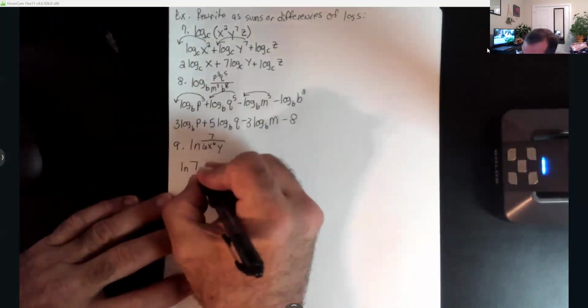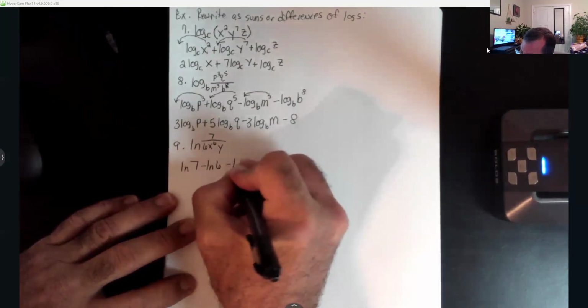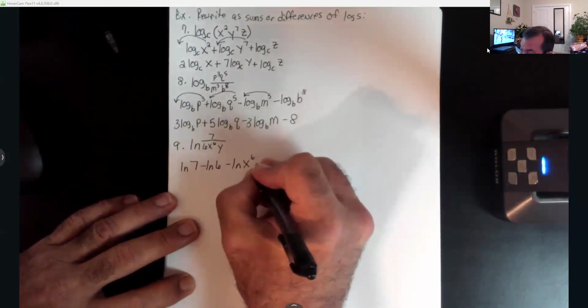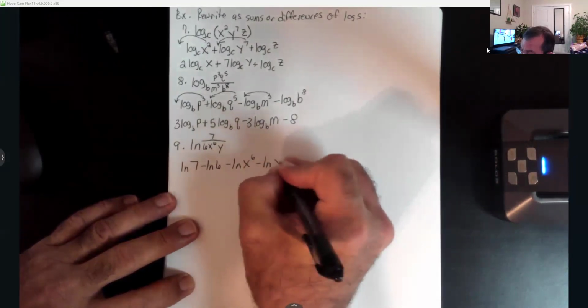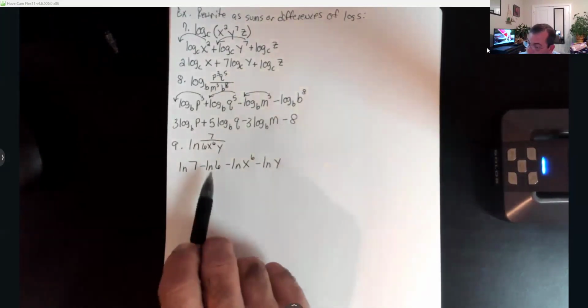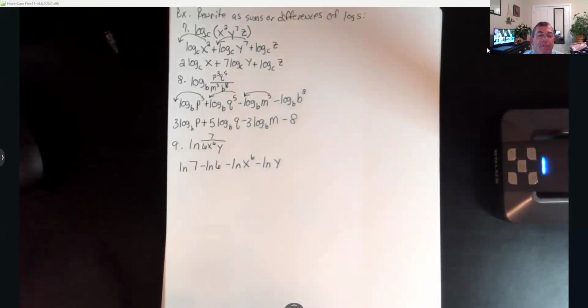So we would do minus ln of 6 minus ln of x to the 6, and then minus ln of my y. Okay, so treat the 6 and the x to the 6 as 2 different factors.